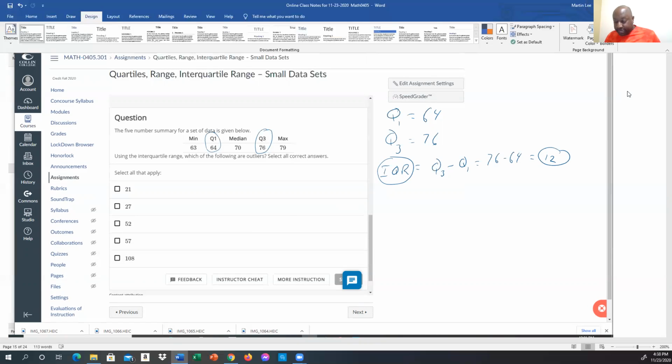And now I'm going to look for a number that is a possible outlier.